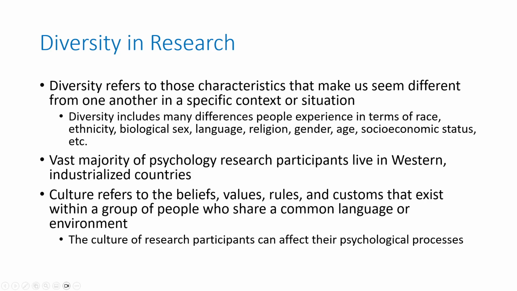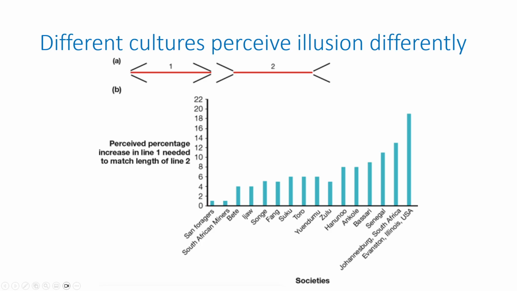A really interesting example of this is this illusion. In these studies, participants are tested to see when they think line one and line two are the same or different. And what we see is that if we look at people in the United States, there is a much larger difference needed between line one and line two before they can identify that they're different.